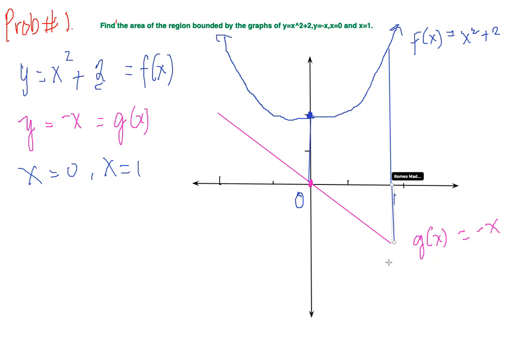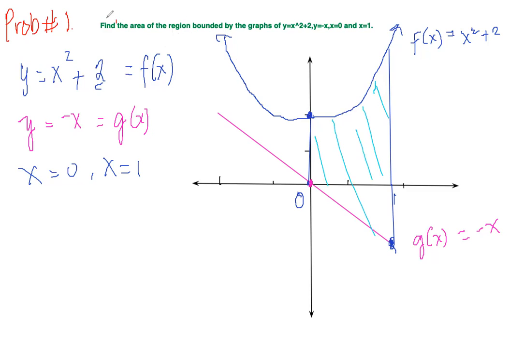All right, so let's assume that it intersects the graph here. And this is the region that we're trying to get the area from. So let me just shade the region where the area is going to be identified. Something like that.